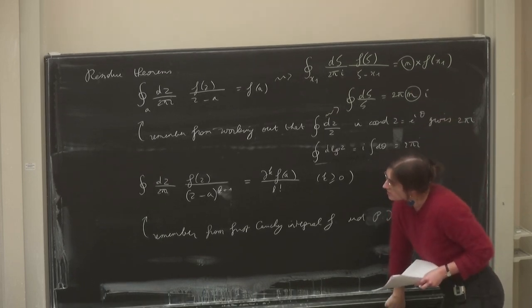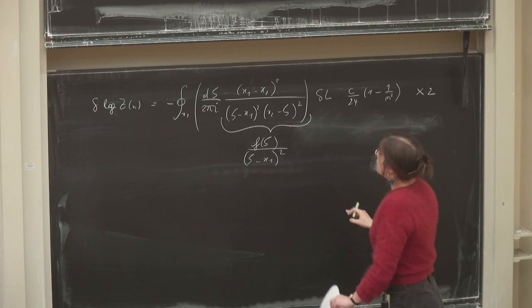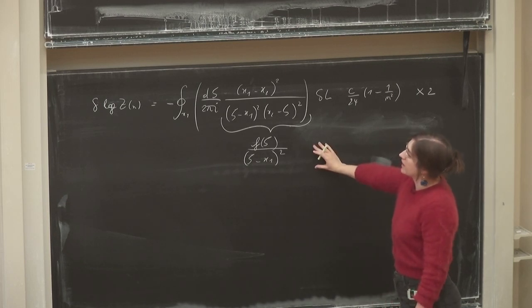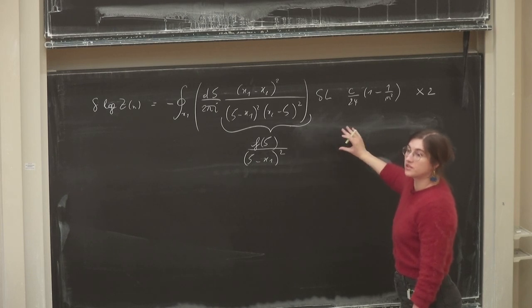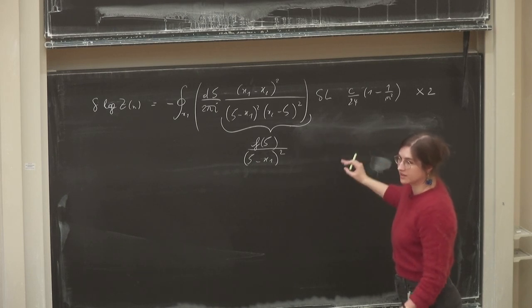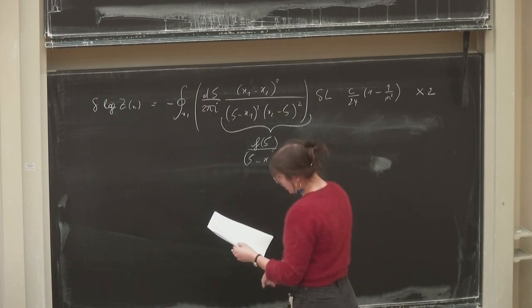in this residue formula. So if you would just plug this in Mathematica and ask for the residue of this integral, you would get the right answer up to this factor n. So you have to remember what I added there in green.